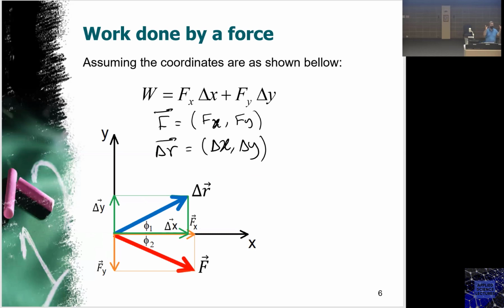You take the X component of the force, multiply it with the X component of the displacement, and then add it to the Y component of the force multiplied by the Y component of the displacement. So this is the general approach for calculating the work in a two-dimensional problem. Is that clear? Yes? Okay. So let's move on.